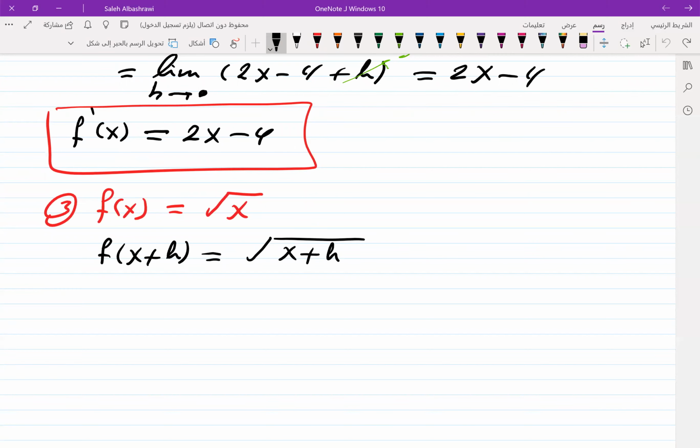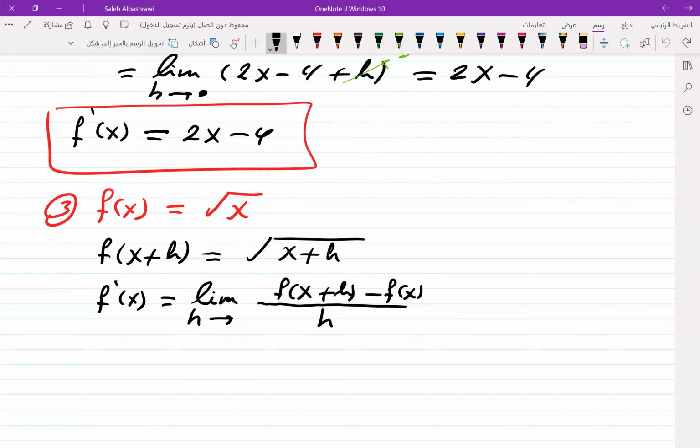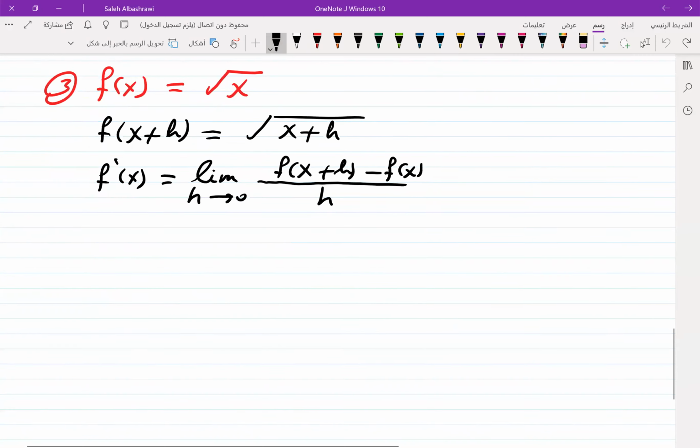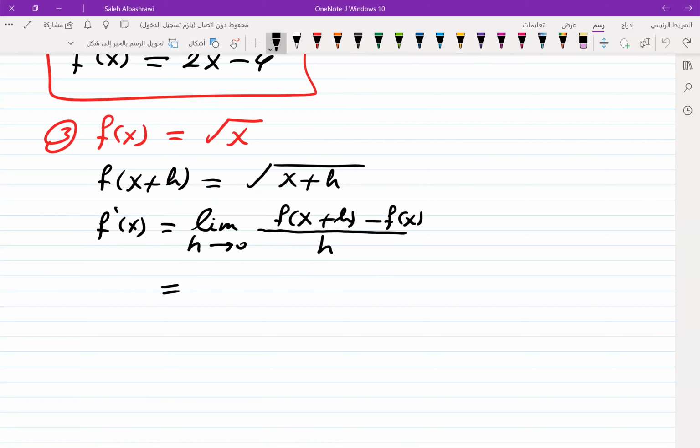Now the derivative is equal to the limit of f of x plus h minus f of x divided by h, where h goes to 0, which is equal to the limit of square root of x plus h minus square root of x divided by h, where h goes to 0.